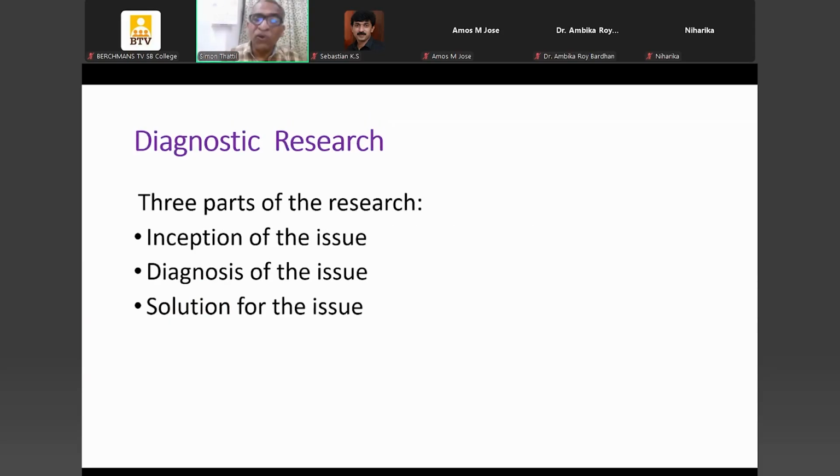Your diagnostic research will actually have three parts. Because we are trying to diagnose, just like a doctor is trying to diagnose why a person's head is aching, or what caused a particular attack in the arteries of a particular patient. So the doctor looks at the inception of the issue, how this happened.